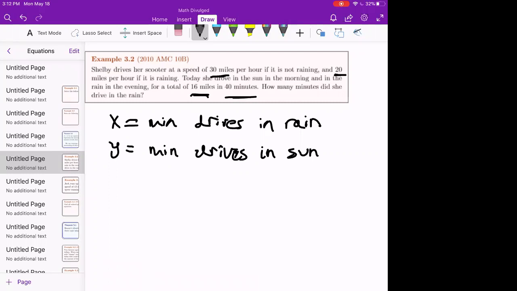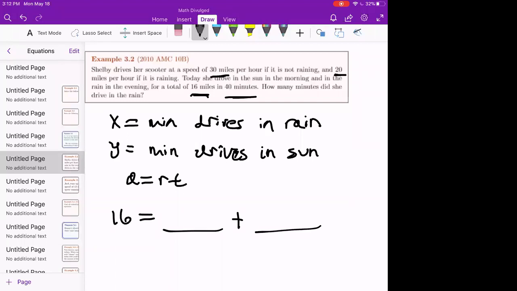So using d equals rt, the total distance is 16 miles. And we're going to have a sum of two different expressions: one representing the distance she drives in the rain, and the other representing the distance she drives when it's not raining.